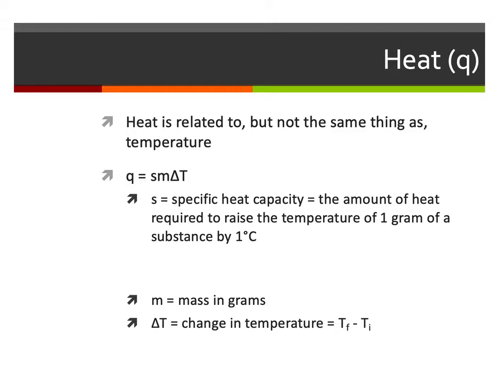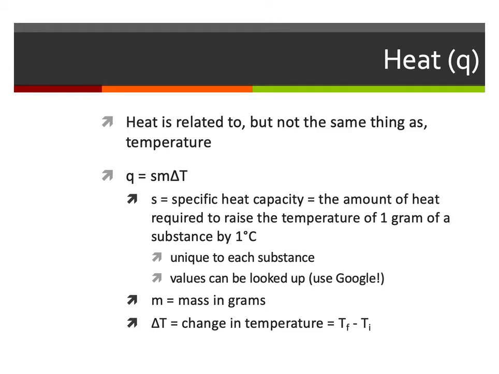The units of specific heat capacity are typically joules per gram degrees Celsius or joules per gram Kelvin. So what we're looking at here is how much energy is required to raise the temperature of 1 gram of a substance by 1 degree Celsius. These values for pure substances can be looked up. You can find some in your textbook. You can also use Google.